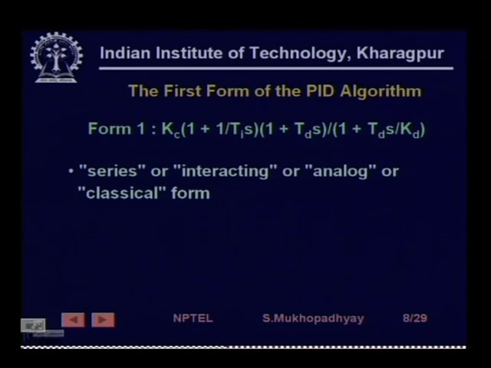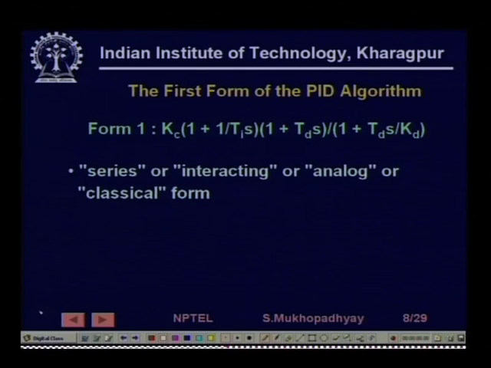The reasons for these names is that firstly series, that you can understand that this is in series. So, this is one term and this is the other term, okay, and this is the other term. So, there are 3 terms which are getting multiplied. So, therefore, they are in series. Why is it interacting?